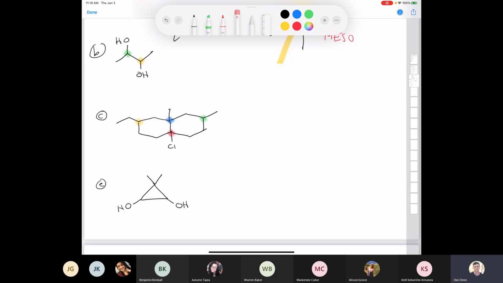So with that in mind, we've got 2 to the power of 4. So 2 times 2 is 4, times 2 is 8, times 2 is 16. So we got 16 possible stereoisomers. Here we have an even number of stereocenters, but there's no plane of symmetry anywhere in this molecule. So we would have 16 stereoisomers.